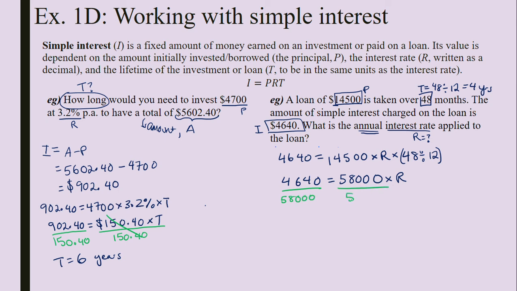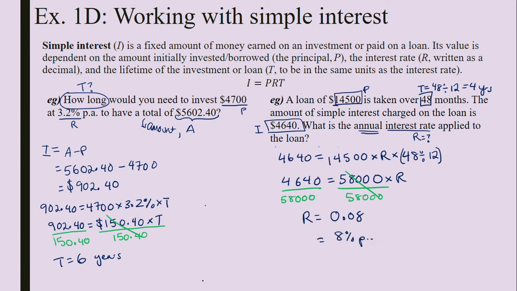Therefore, cancelling out the 58,000 in front of the R to get R on its own. And we get R equals 0.08, which if we then multiply that by 100, we get 8% per annum.